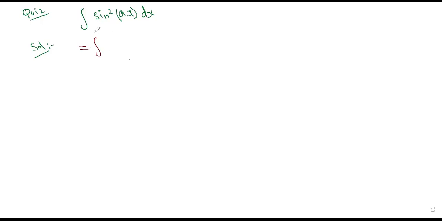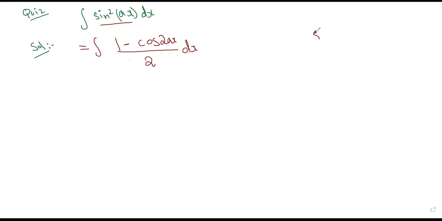We need to integrate it, but we need to first convert this sine square ax into another function. This was the right choice.